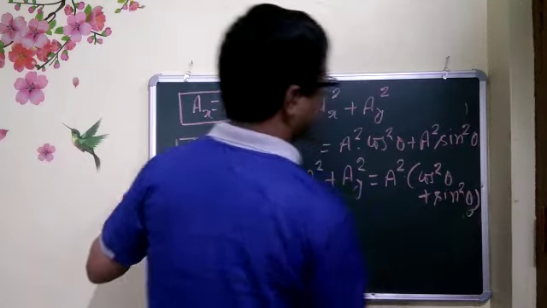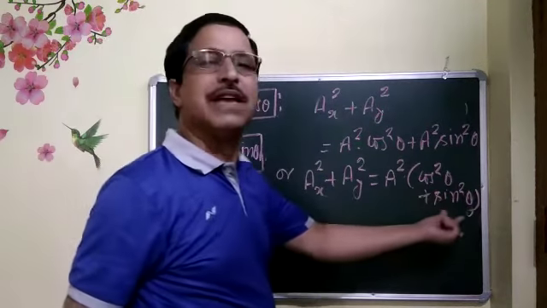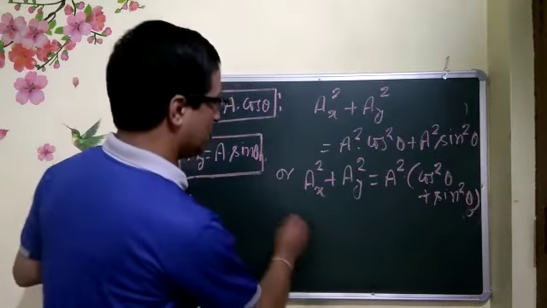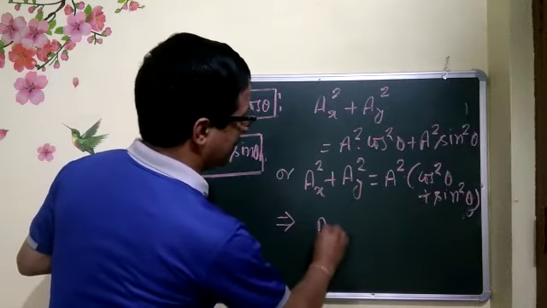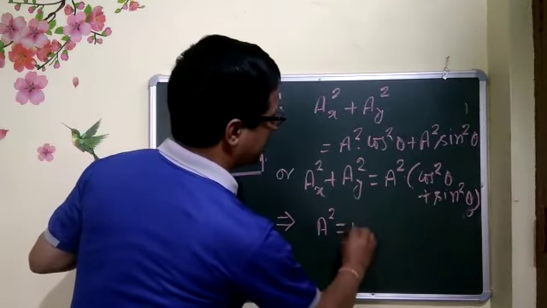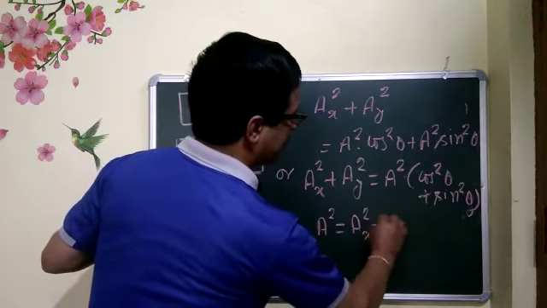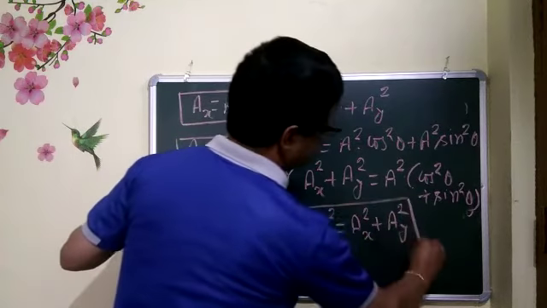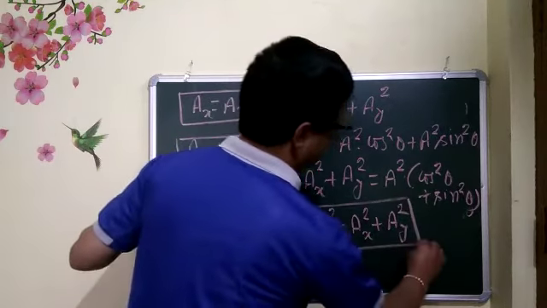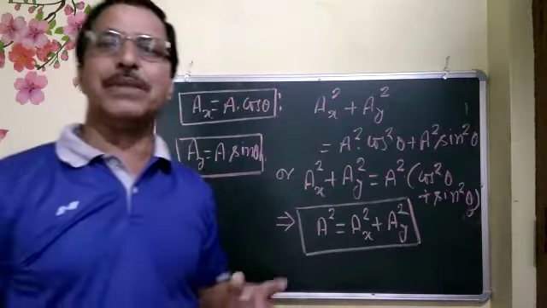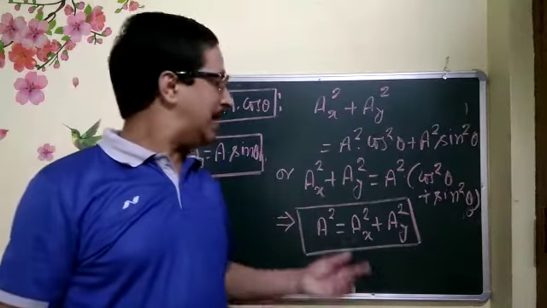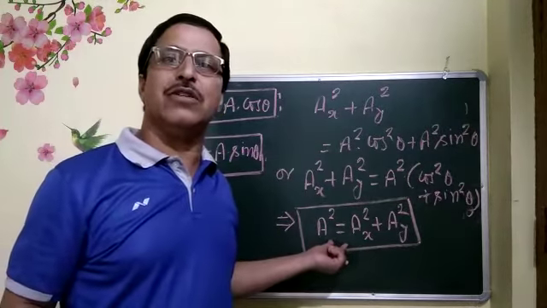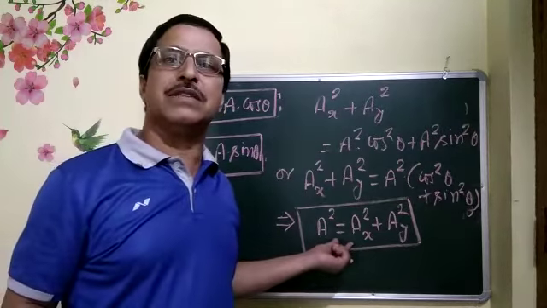You know that cos square theta plus sin square theta is 1. So it gives us A square equal to ax square plus ay square, which must have been actually the case. Whenever two vectors are perpendicular to each other, they are added using Pythagoras theorem, as has been discussed earlier in some video.